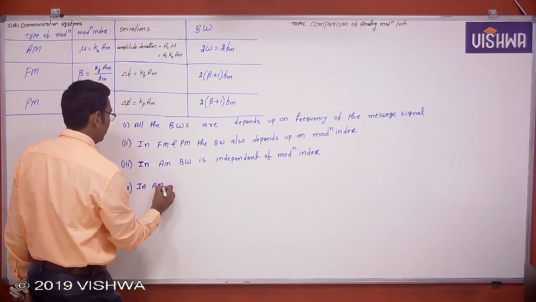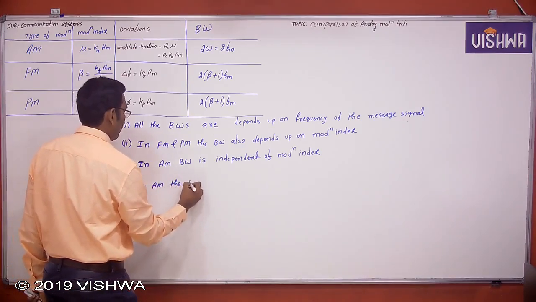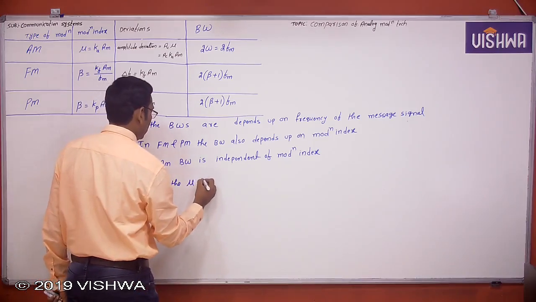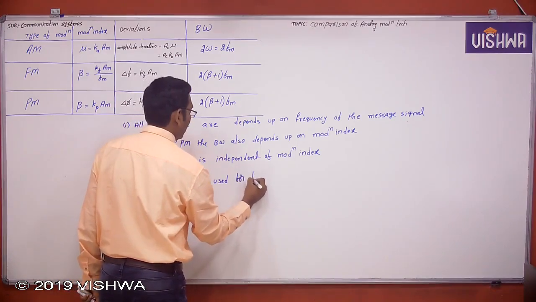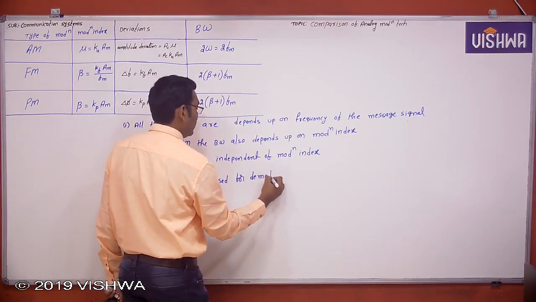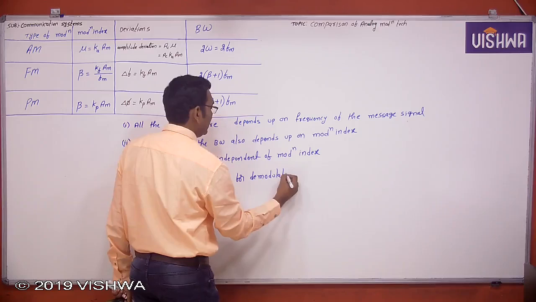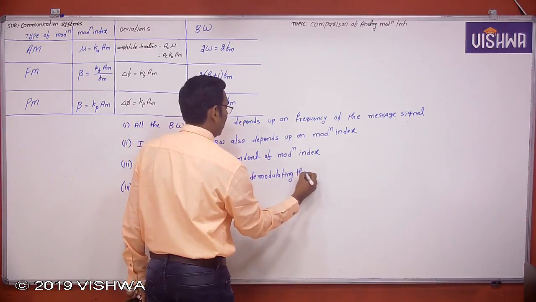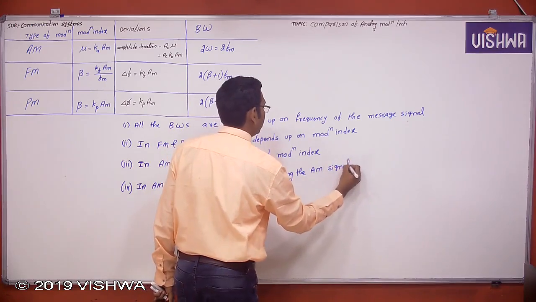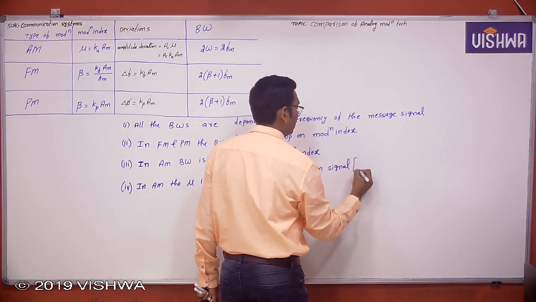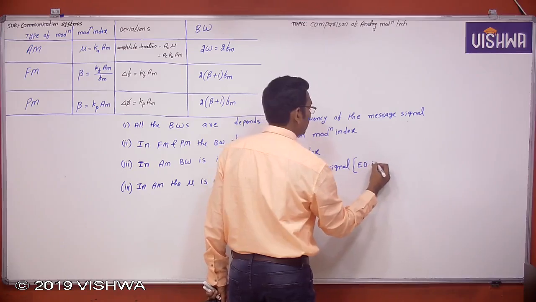In AM, the modulation index is used for demodulating the AM signal, because here an envelope detector is used.